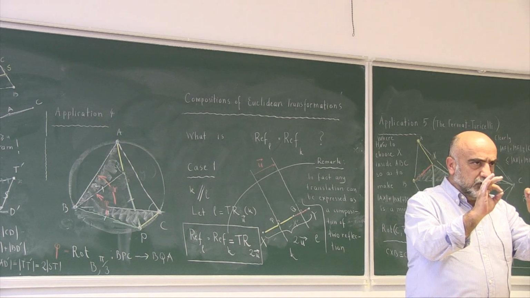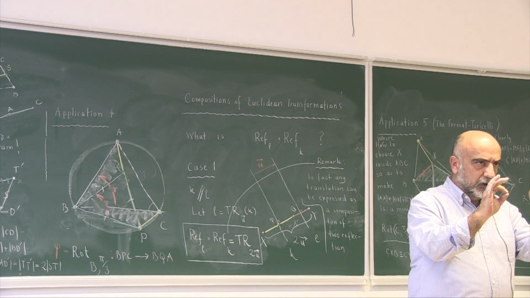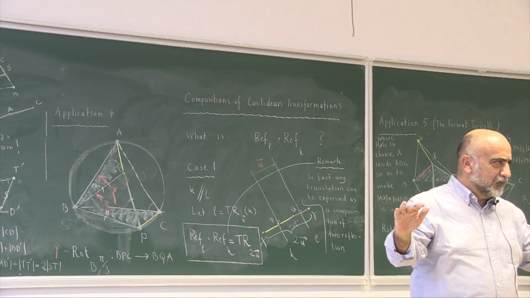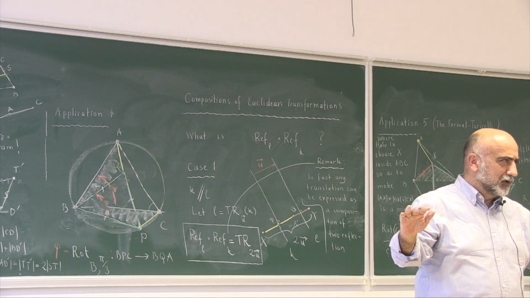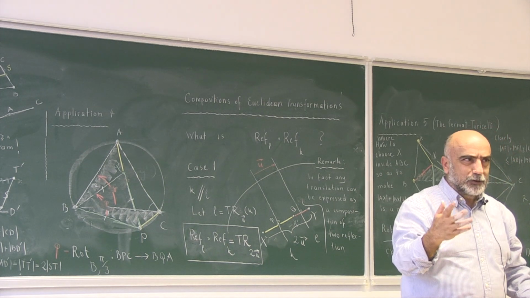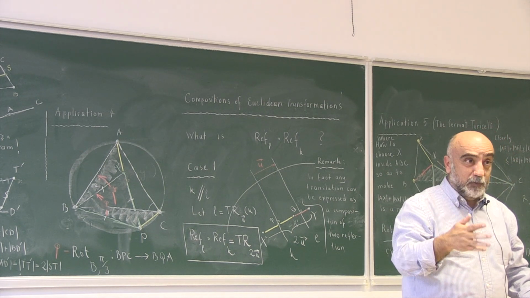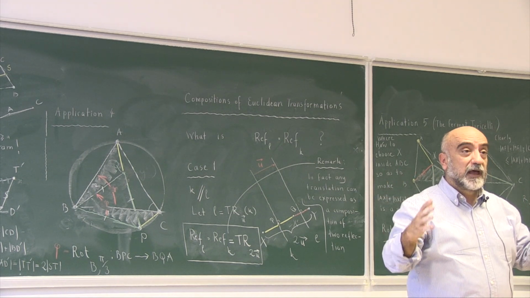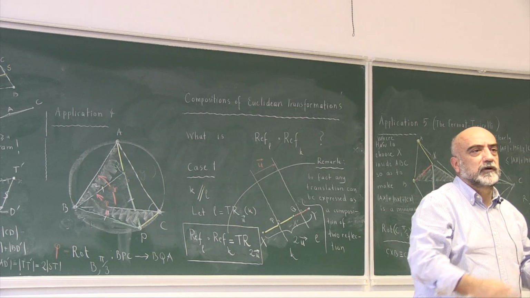If you pick up 2 objects, and if you look at the permutation that interchanges them and leaves everything fixed, it's got a special name. It's called a transposition. And in fact, you can prove that any permutation can be expressed as a concatenation of transpositions.